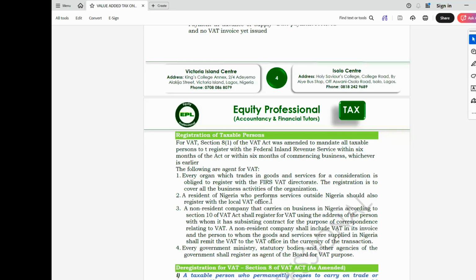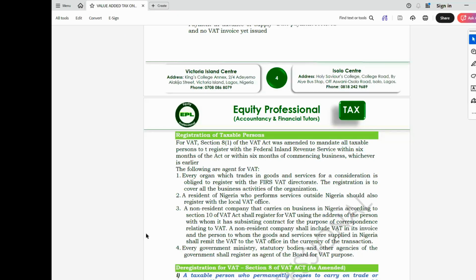Now looking at it, you don't have an office in Nigeria, you don't have an address in Nigeria, so the law is now saying you must register for VAT. When you are registering for VAT, you are going to use the address of the vendor that you are dealing with in Nigeria.